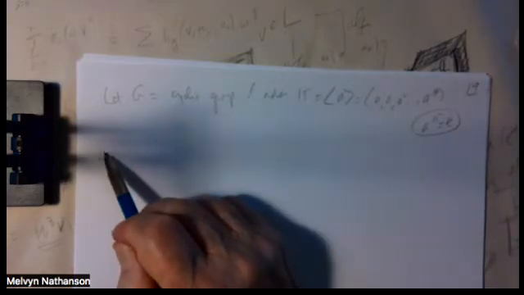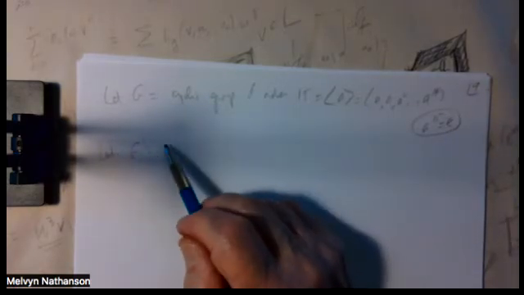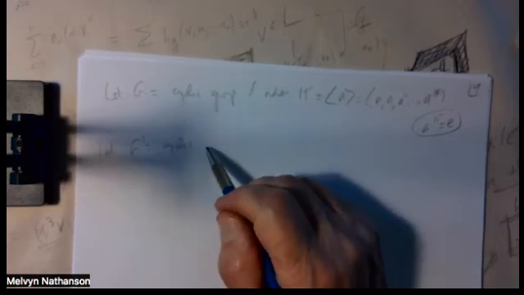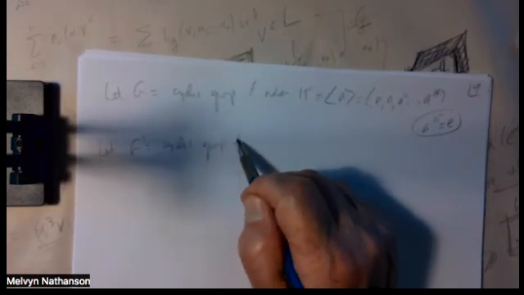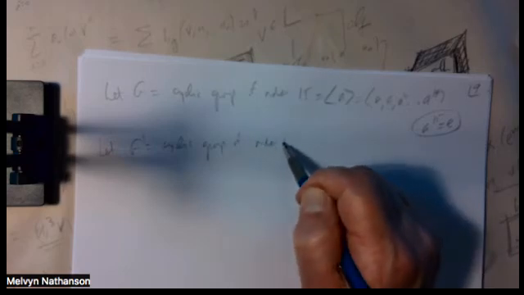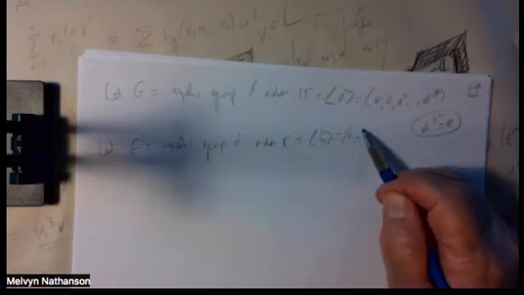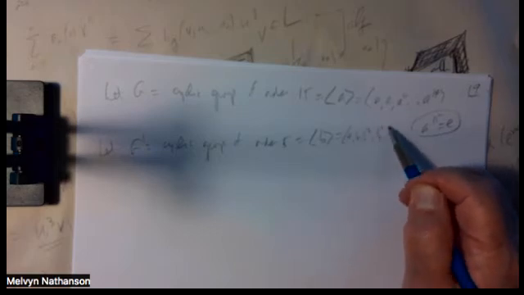And suppose I let G prime be the cyclic group of order 5, generated by some element b. So this is b squared, b cubed up to b to the 4th, where b to the 5th is the identity.